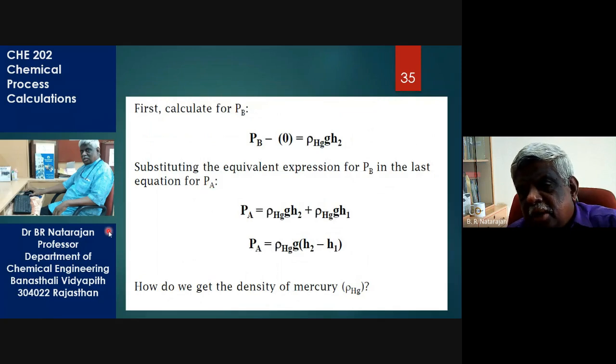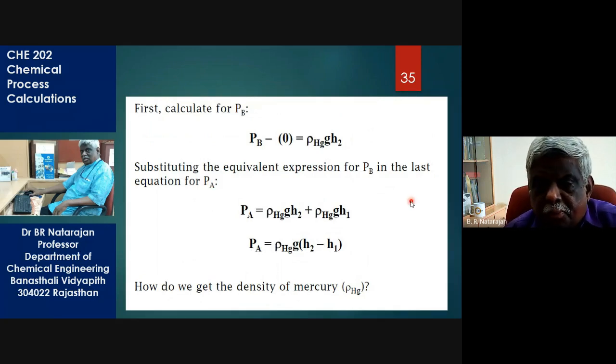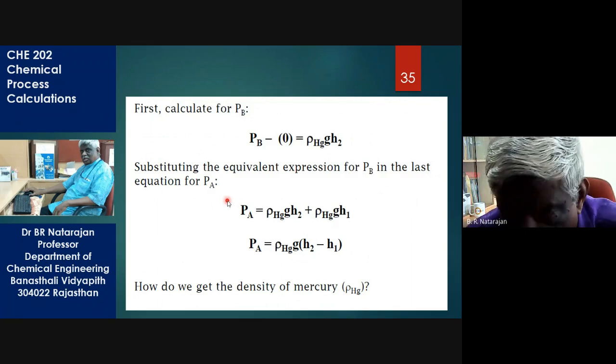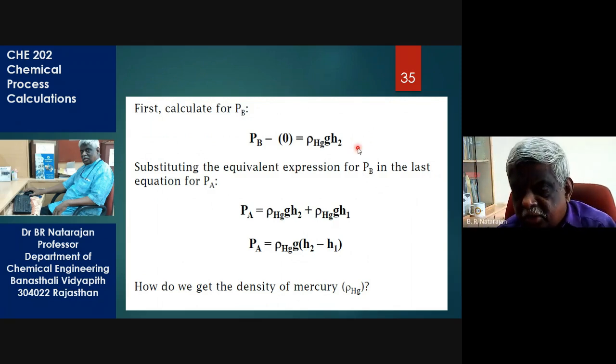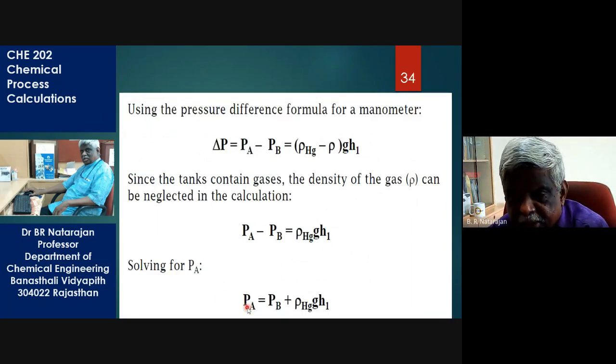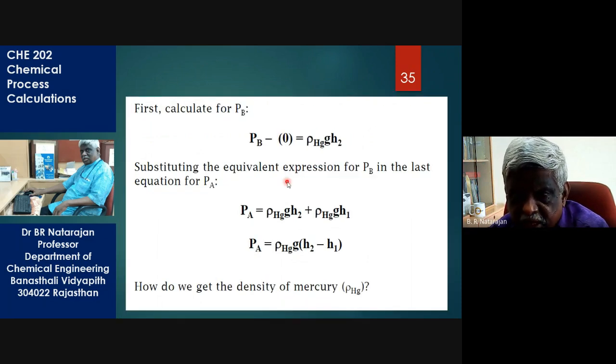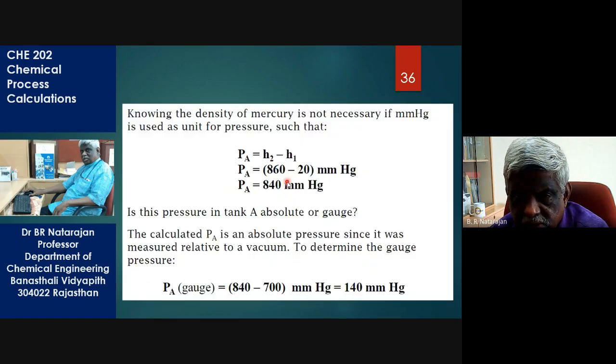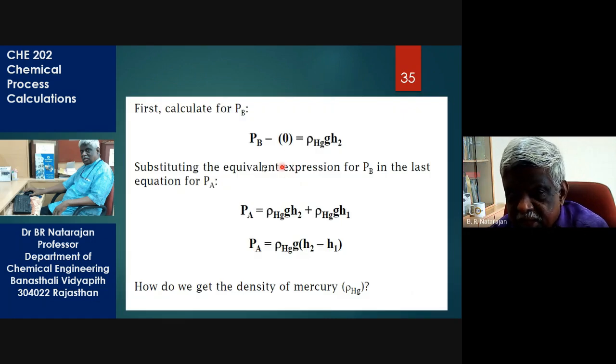So substitute the equivalent expression for PB in the last equation for PA. Now you have this expression for PB, and the expression for PA also has PB. I replace this PB by this equation.